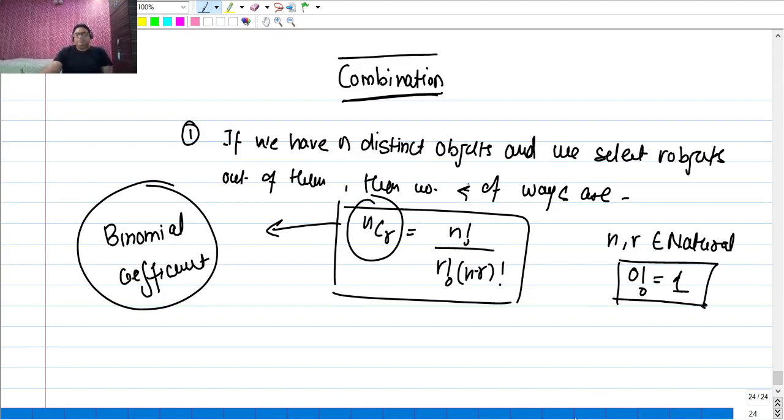This formula is for distinct objects. Mark it. This formula is for distinct objects, and the keyword is selection. Clear?